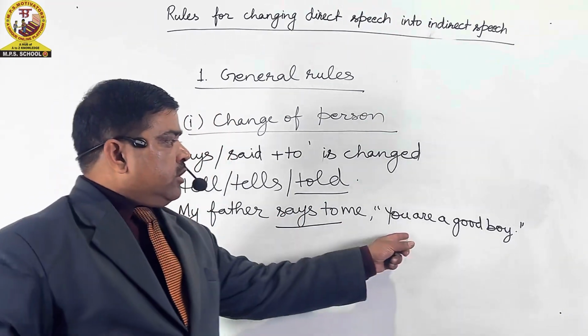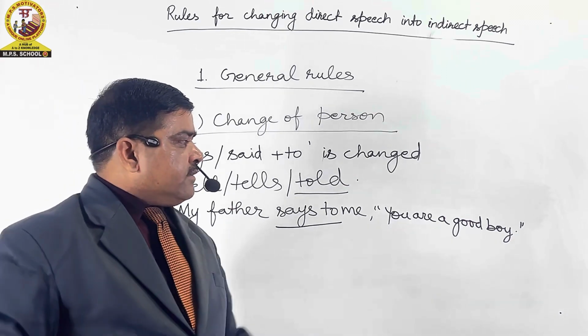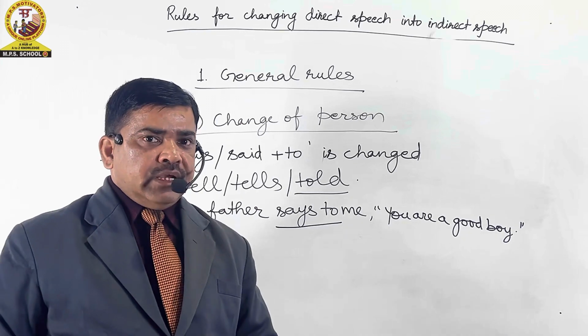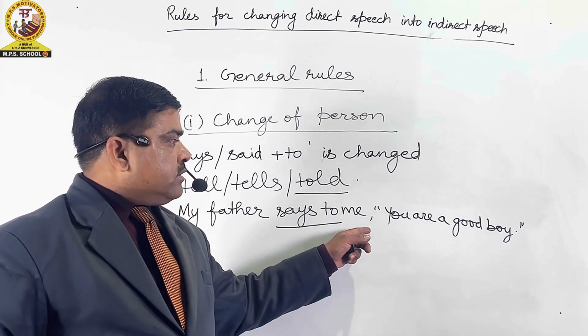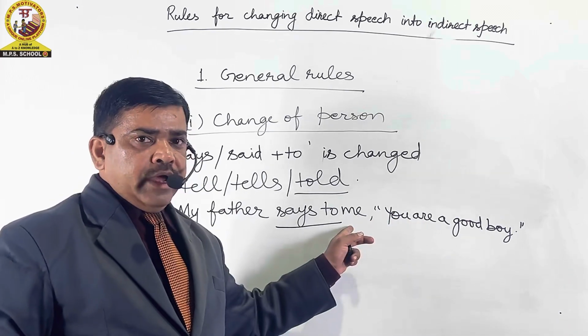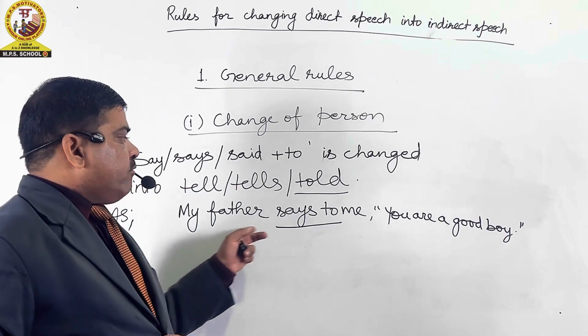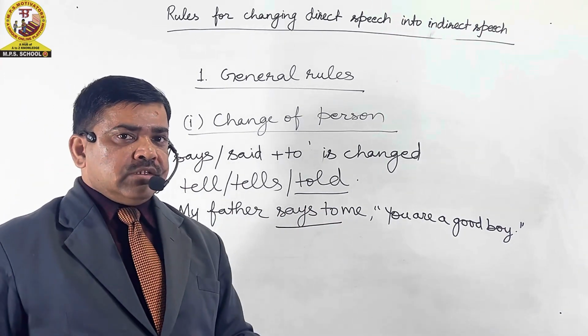Okay friends, between inverted commas there is a sentence: you are a good boy. This sentence is an assertive sentence and there is also a comma before it. And before the comma there is a sentence: my father says to me. So we find that here are two sentences.